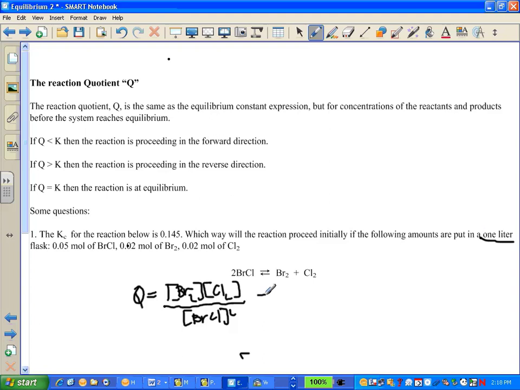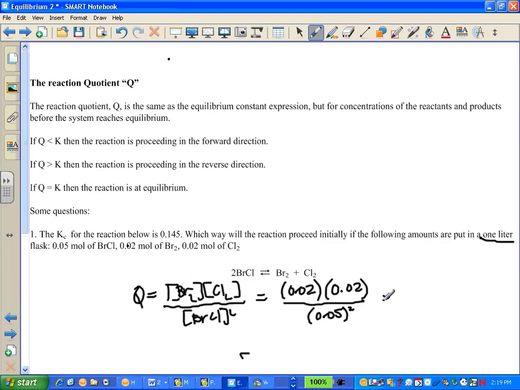In this case, the concentration of Br2 is 0.02. So what we're going to do is plug in the values that were given for each of the concentrations. You need to be very careful and make sure that you square the 0.05 because that's consistent with the equilibrium expression.